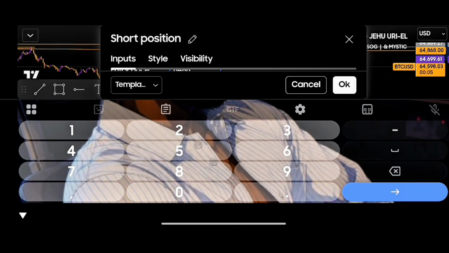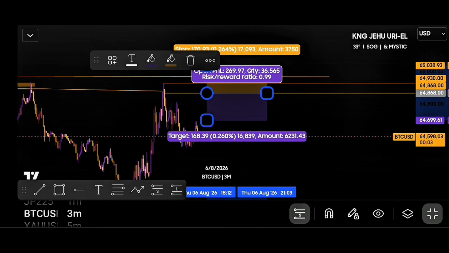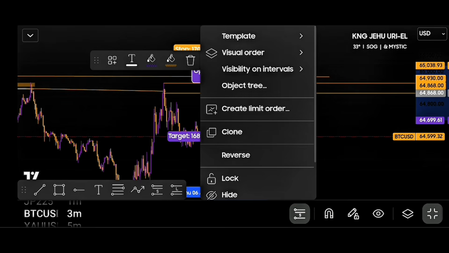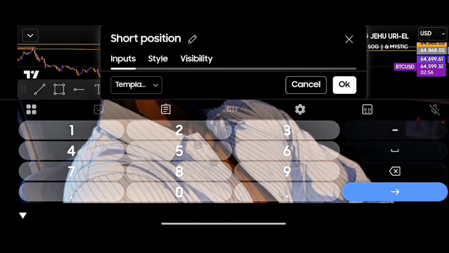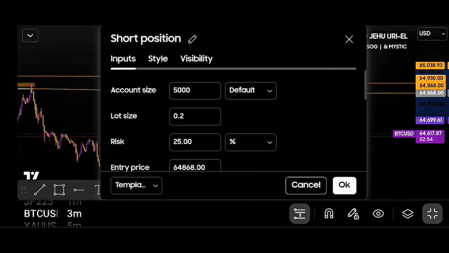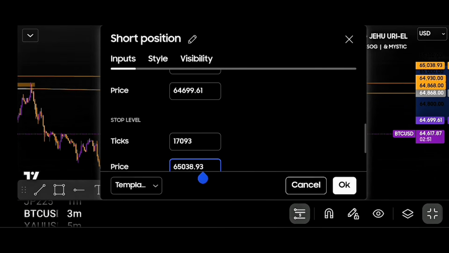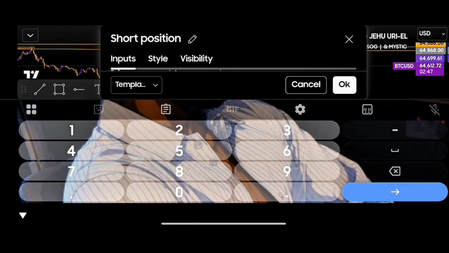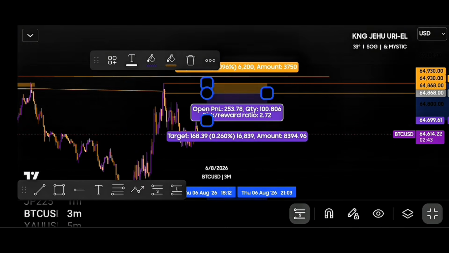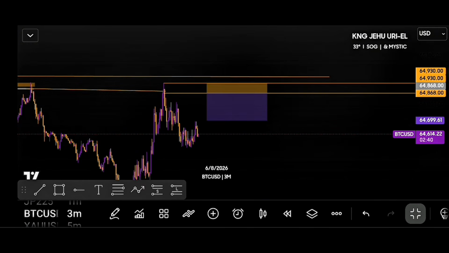64,868, then 64,930 as SL. What am I even doing?